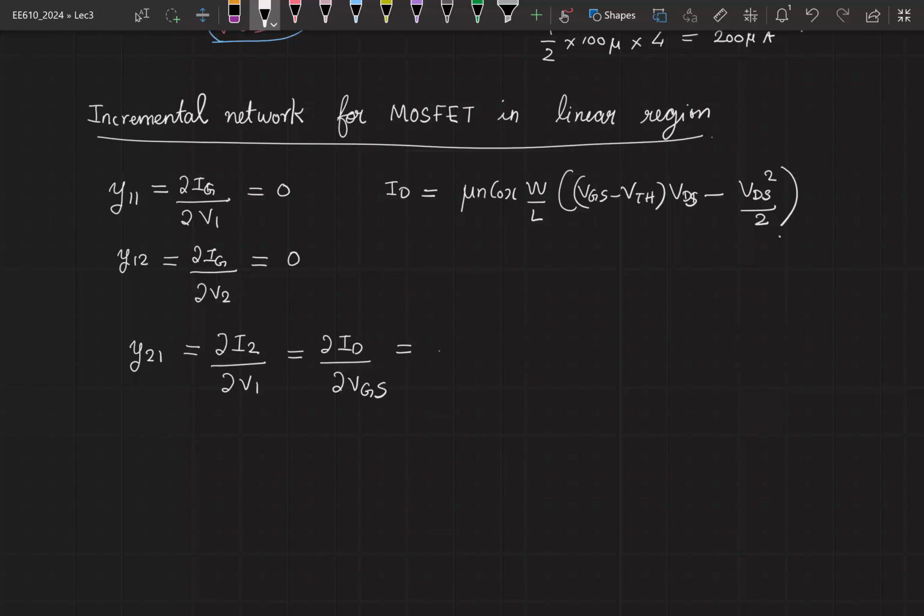So I have to differentiate the expression for ID with respect to VGS. What do I get? Mu n COX W by L into VDS, right? You are differentiating with respect to VGS.